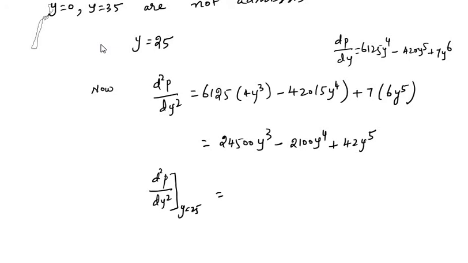If I substitute y equal to 25, we will be getting 24,500 into 25 the whole cube, minus 2100 into 25 whole power 4, plus 42 into 25 whole power 5. Understood? Now I need only the sign. I don't want the value.